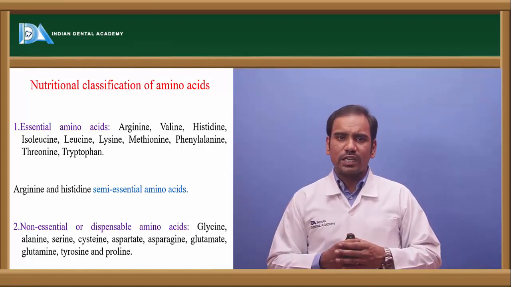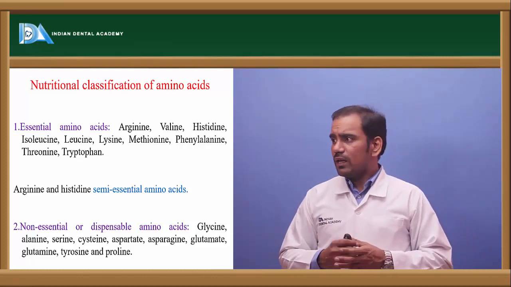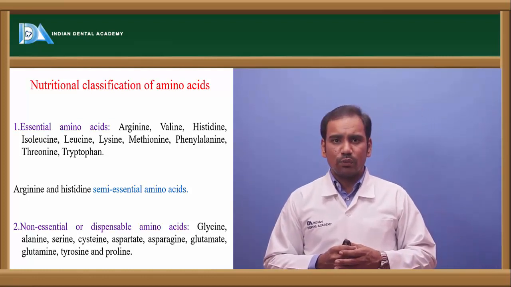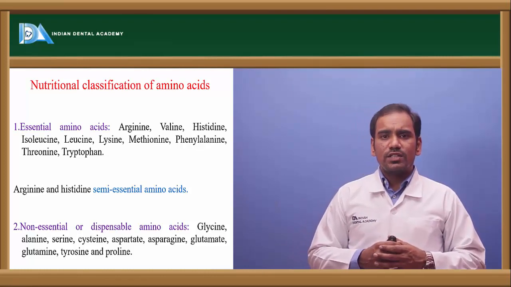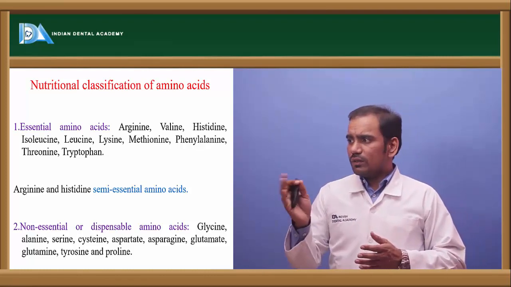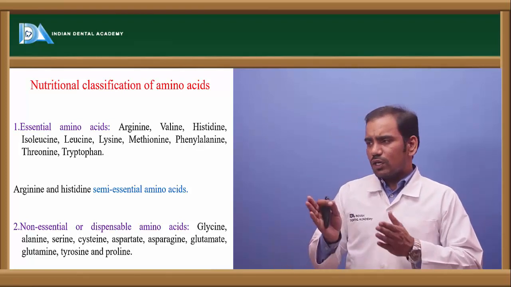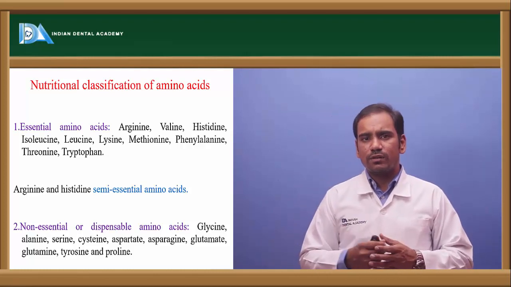There are 10 essential amino acids like methionine, phenylalanine, arginine, valine, histidine, lysine, leucine, isoleucine, threonine and tryptophan. These are called essential amino acids. Out of the 10 essential amino acids, 2 are classified as semi-essential because these are required in growing children.